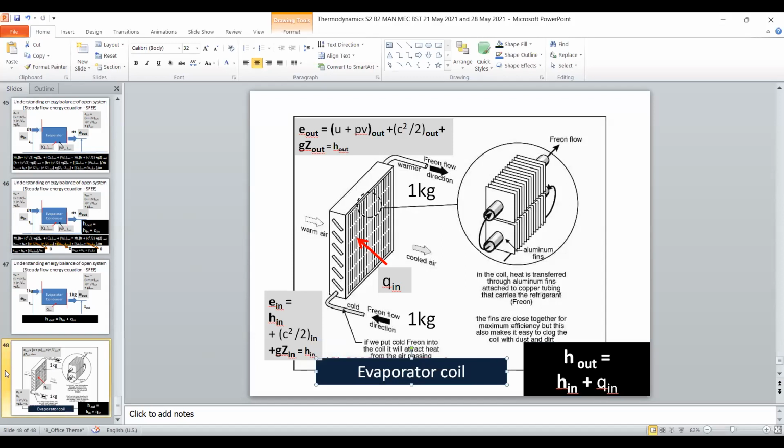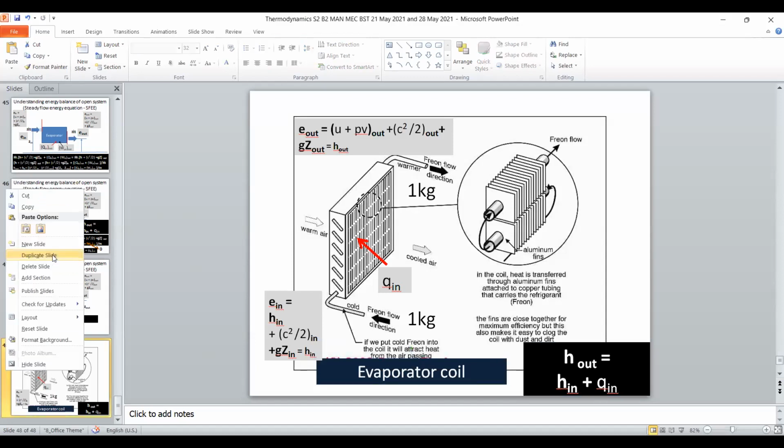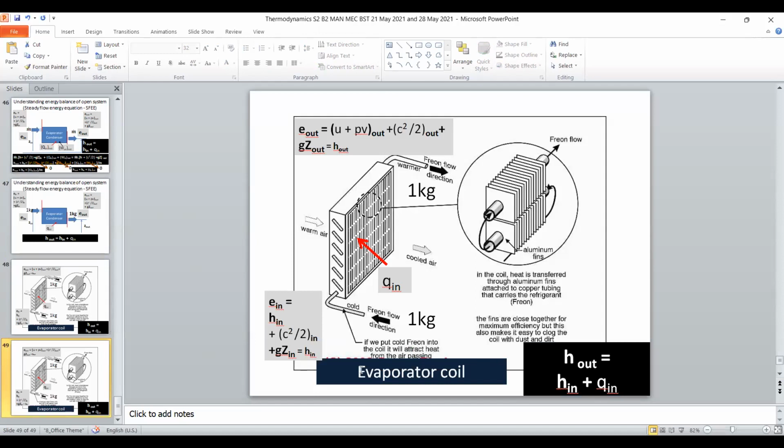The same way, the condenser coil. Normally, in the evaporator the flow can come in from the bottom and flow out from the top.